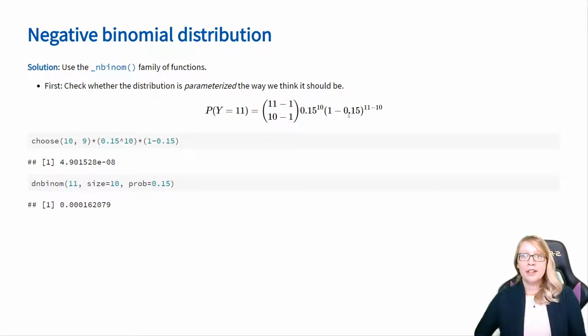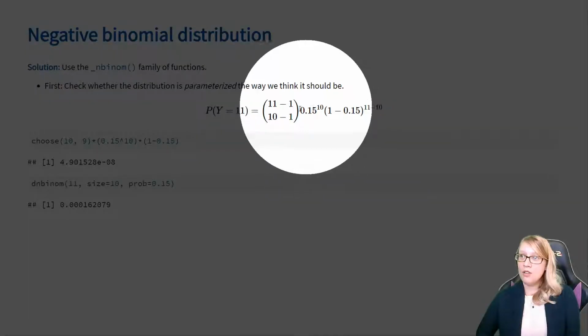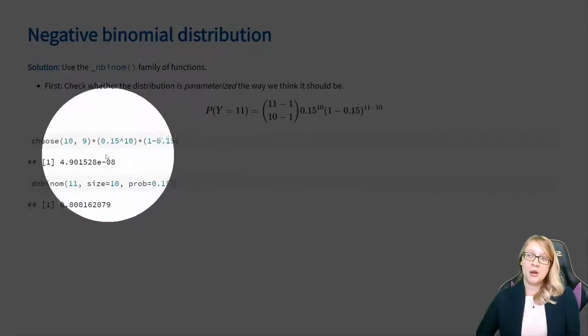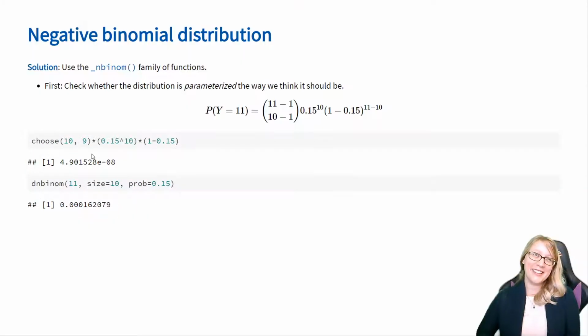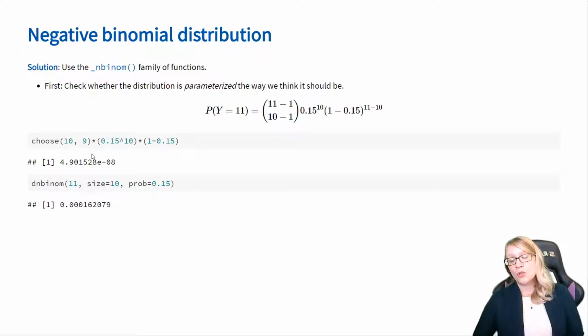Plugging into our formula, we get (11 minus 1 choose 10 minus 1) times 0.15 raised to the 10th power, times (1 minus 0.15) raised to the 11 minus 10, the first power. Calculating that out, I get a very small probability, so it's highly unlikely that we'll find that 10th success on trial number 11. However, it looks like R isn't thinking about this problem the same way that I am. Its value does not match what we calculated by hand.